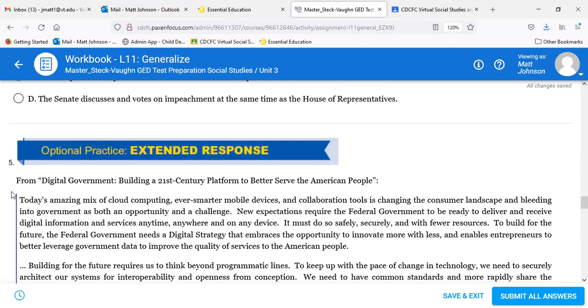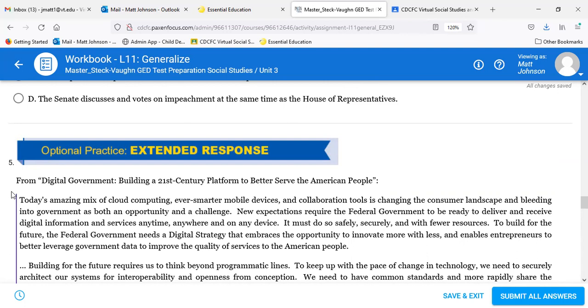New expectations require the federal government to be ready to deliver and receive digital information and services anytime, anywhere, and on any device. It must do so safely, securely, and with fewer resources.